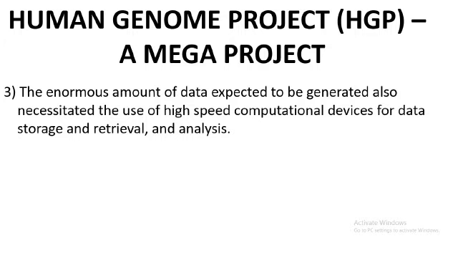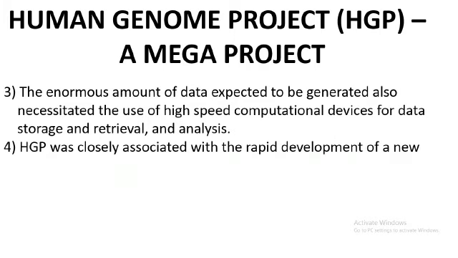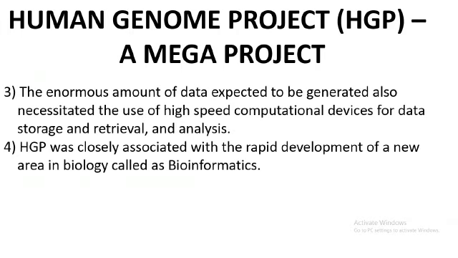So apart from molecular biologists, even IT people were involved in the Human Genome Project. So this is the first important requirement, that is development of computers with high data storage and analysis was the prime requirement. Then the last thing is, HGP was closely associated with rapid development of a new area in biology called bioinformatics.